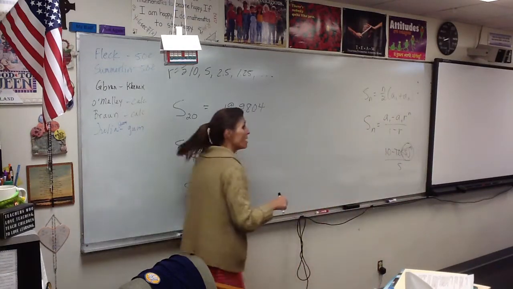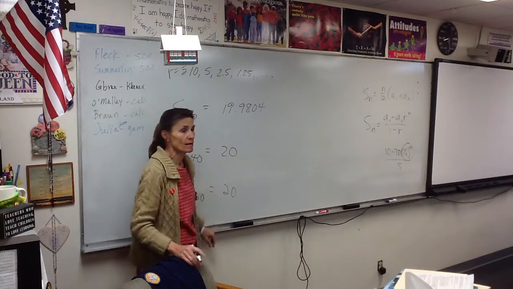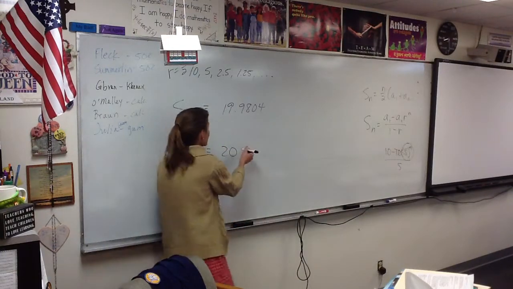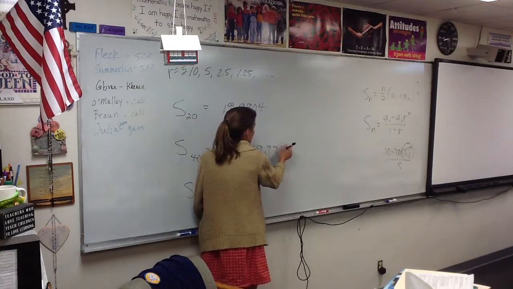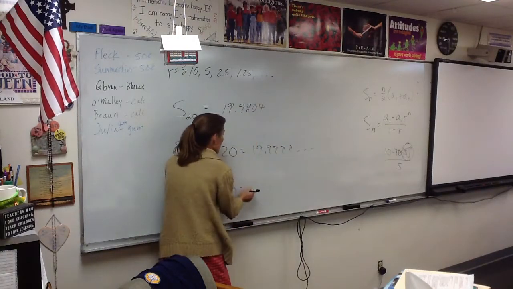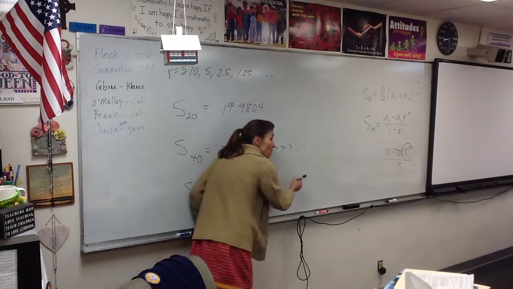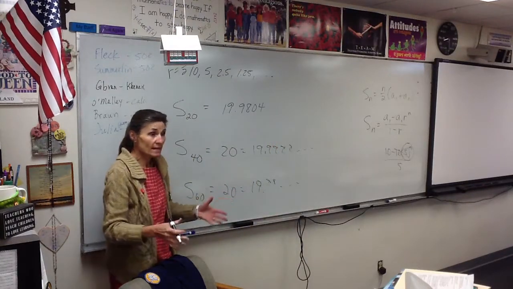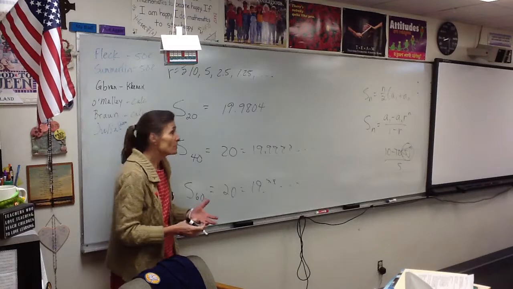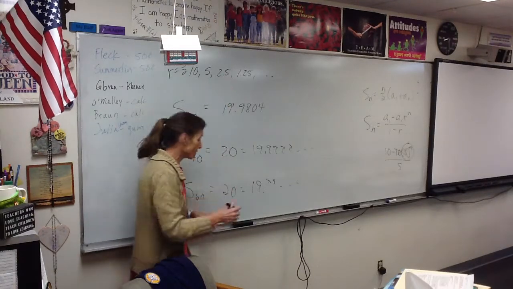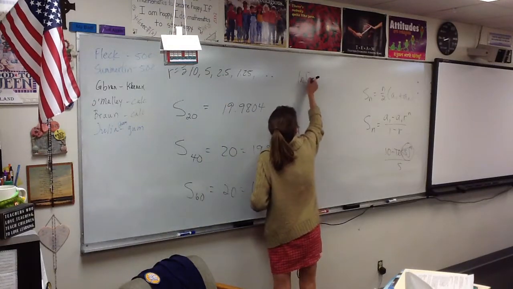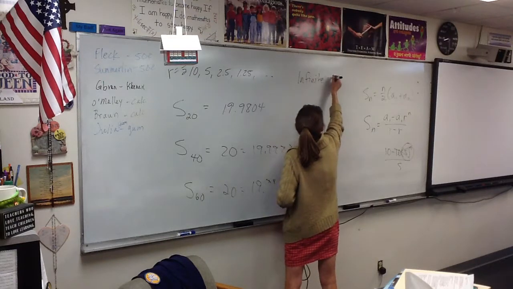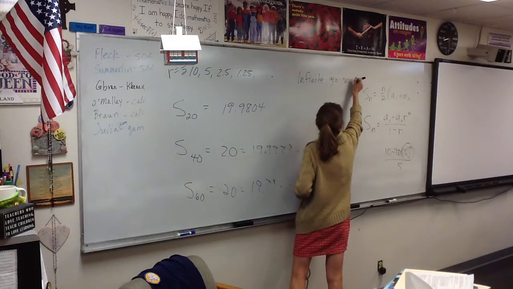Are either one of these actually 20? No. This one is 19.9999999, and this one is 19.999 with even more nines. Neither one of them is actually 20. The calculator's just rounding them off. What you have just discovered is how infinite geometric series are handled.